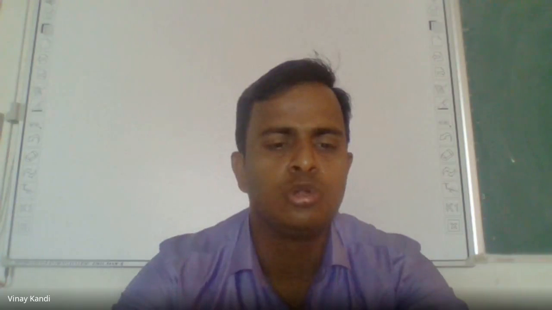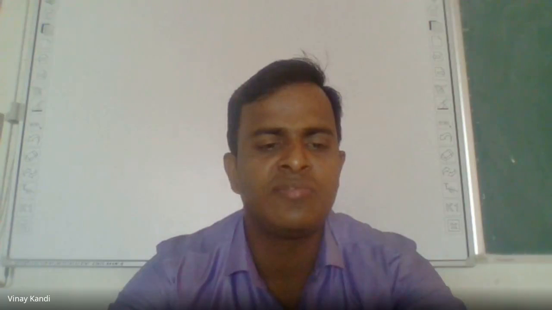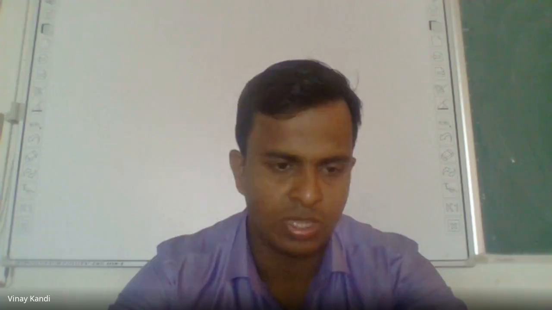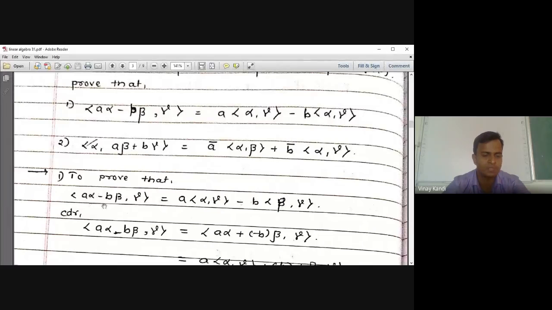First, to prove the first statement: the inner product of A alpha minus B beta and gamma is equal to A into inner product of alpha gamma minus B into inner product of beta gamma.